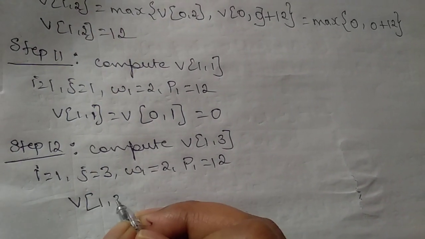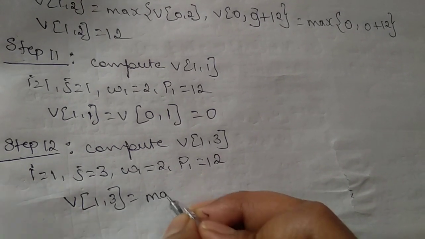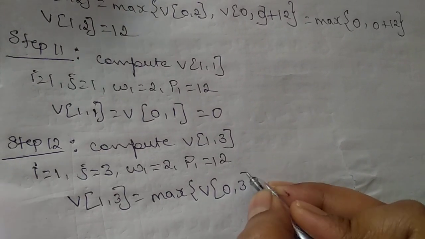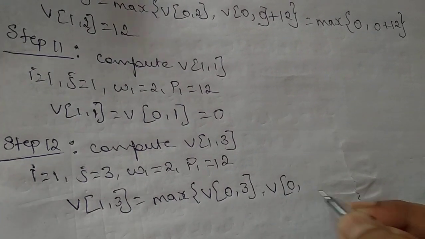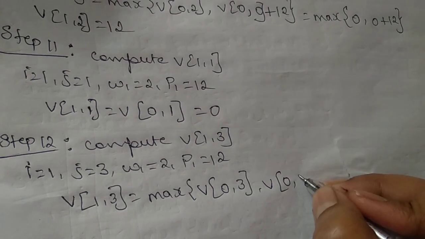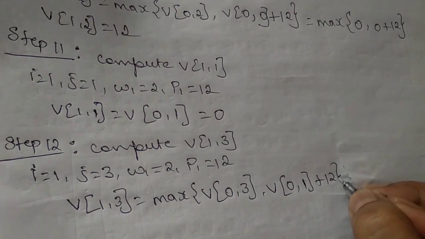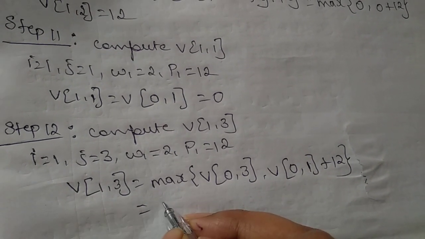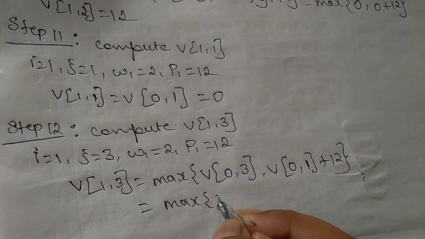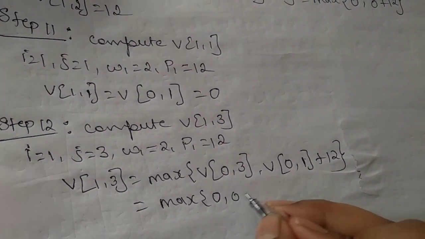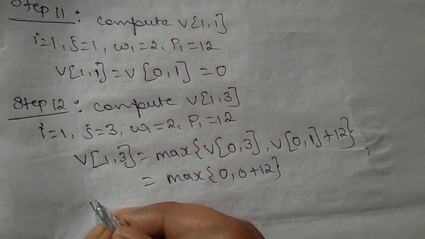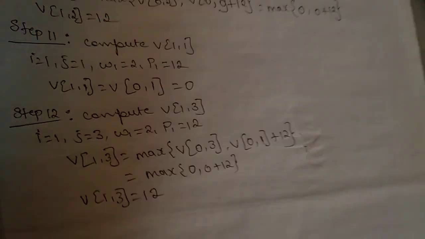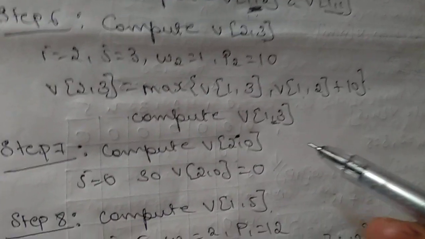So v of 1 comma 3 is equal to max of v of i minus 1 comma j, i minus 1 is 0, j is 3, then v of i minus 1 is 0, j minus wi is 1, plus 12. So here again max of 0 comma v of 0 comma 1 means 0 plus 12. Again we have got v of 1 comma 3 is equal to 12.